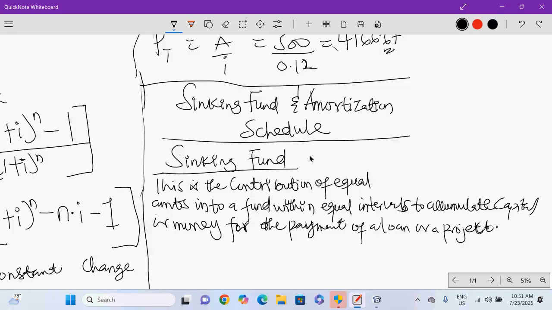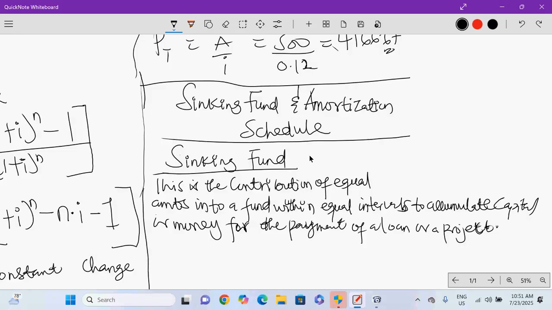So the sinking fund is where you make equal payment or equal amount into a fund. The example that I gave was the susu box, where you keep regular payment, a specific equal amount, 100 cedis every month. You are keeping that same 100 cedis throughout, right? That is the sinking fund.